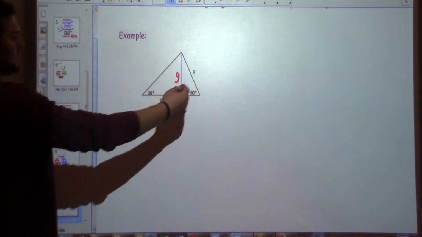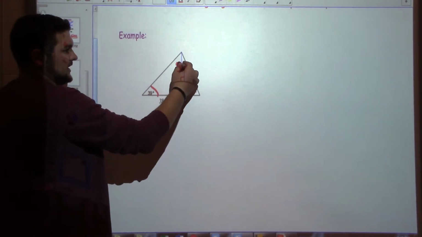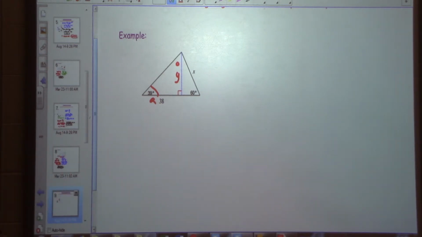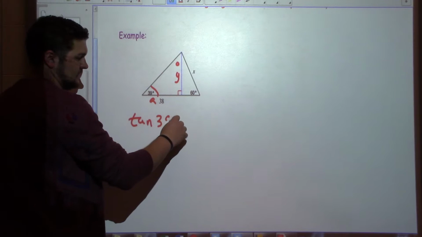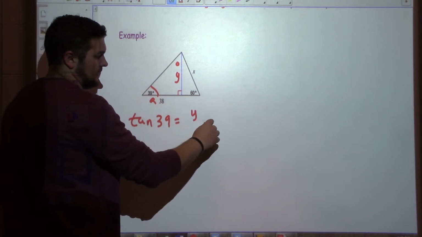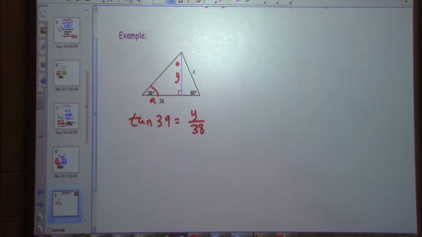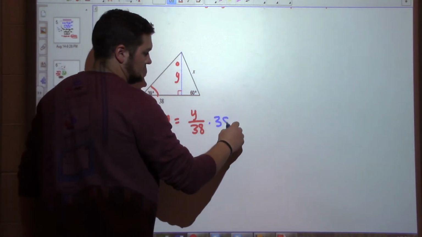So if I'm looking at this triangle on the left here, to solve for y, that is the opposite side. 38 is my adjacent, so once again I'm using tangent. So tangent of 39 equals y over 38, opposite over adjacent. So if I want to solve for y, I'm going to multiply by 38 on both sides.